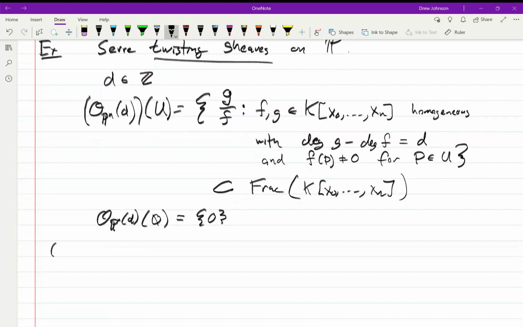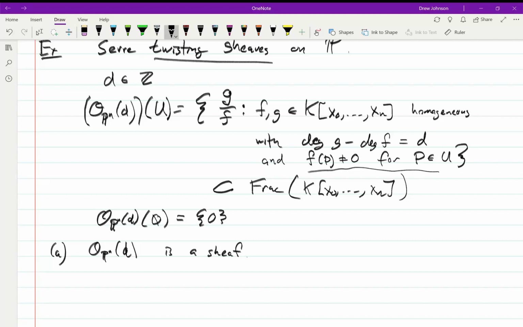So let's make some remarks about these Serre twisting sheaves. First of all, we should observe that they are actually sheaves. What are the restriction maps? Restriction maps are easy, because if you restrict to a smaller open subset, you just take exactly the same element, and the only difference is that there are fewer restrictions on F. What about the gluing?